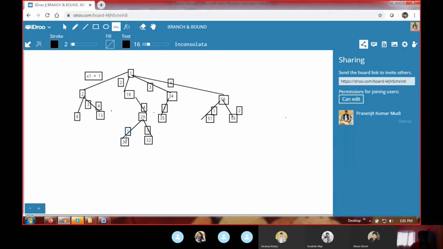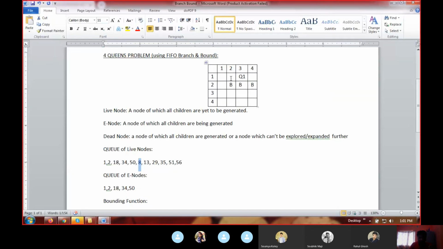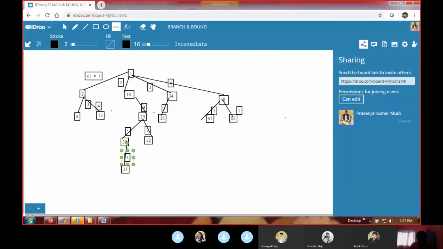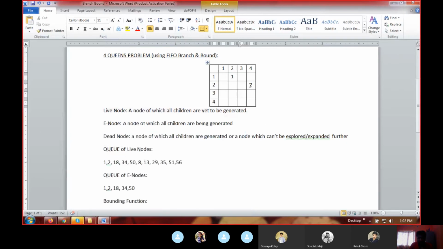If I follow the path 2 4 1, can I reach a leaf node? 31, yes, I can reach it. But if I follow 2 4 3, then 2 4 3 is not possible, right?